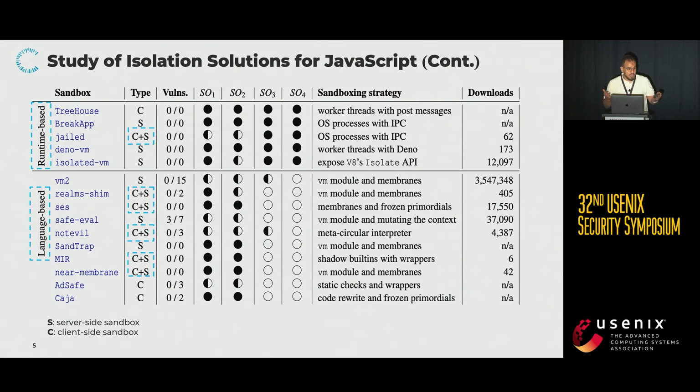Now you can figure out how big the danger or the attack surface is if we have a vulnerable language-based sandbox. The language-based sandbox is basically interested in covering the first two security objectives, which are preventing reads and writes outside the sandbox, and blocking calls to powerful APIs from outside of the sandbox.